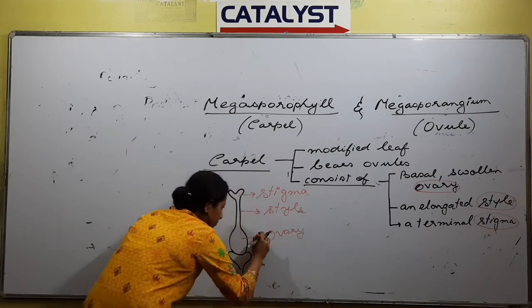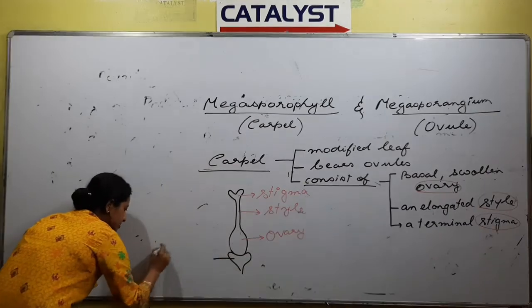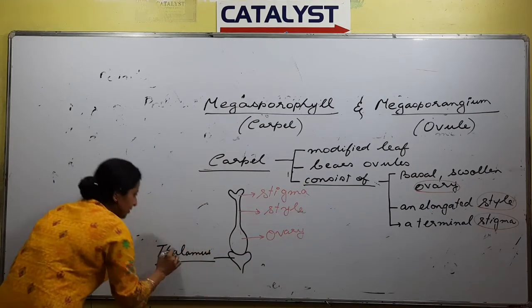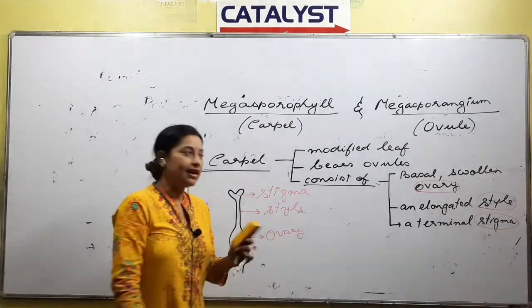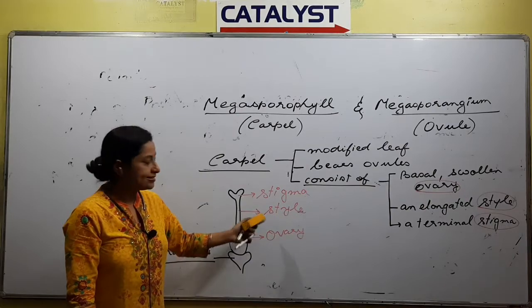These are the three parts, and this is the thalamus. I think we remember the seat of the flower is called the thalamus. So this is how the carpel looks: three parts, stigma, style and ovary.